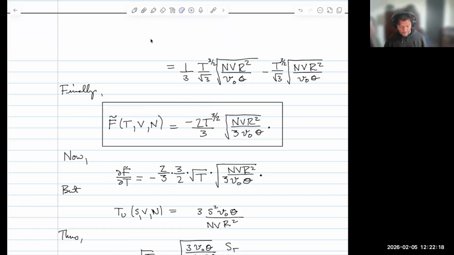There we go. So I transformed the U function as a function of S, V, and N to the Helmholtz free energy as a function of T, V, and N.